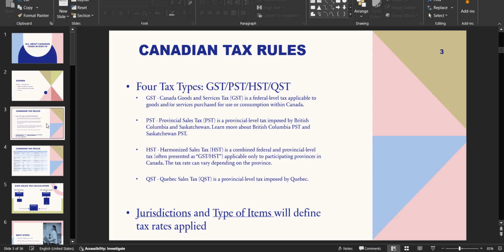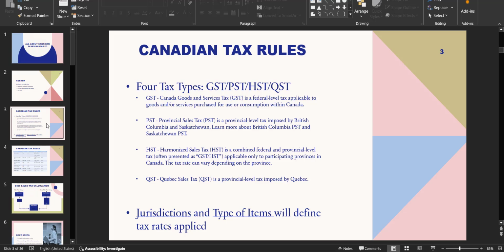But in Canada, it's relatively straightforward as long as you understand the jurisdiction and the type of rates, right? So we only have 4 types of tax: GST, PST, HST, and QST. Sounds complicated, but I'll explain what this represents.